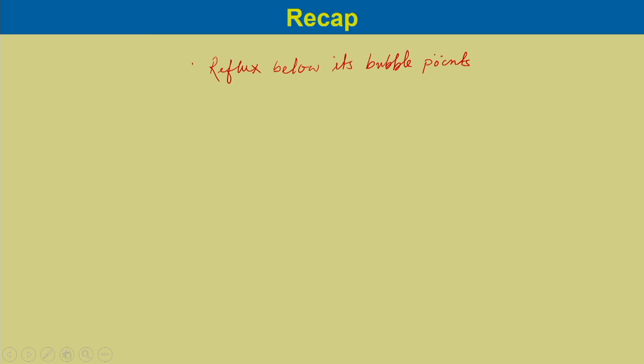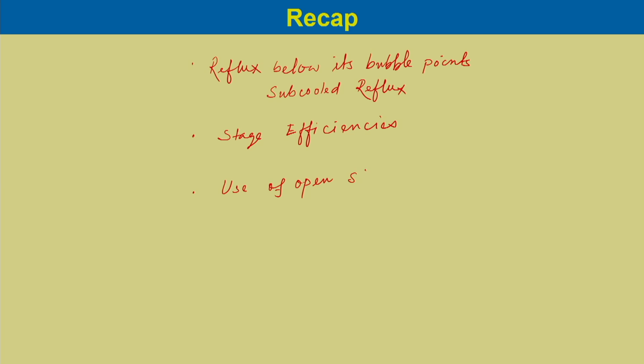That means the reflux which is given to the top tray of the column is subcooled reflux. The second thing we discussed is different stage efficiencies. And the third thing we discussed is the use of open steam for the distillation.